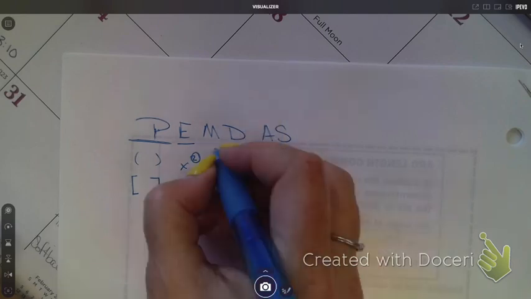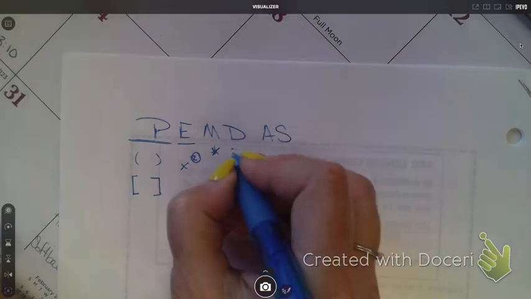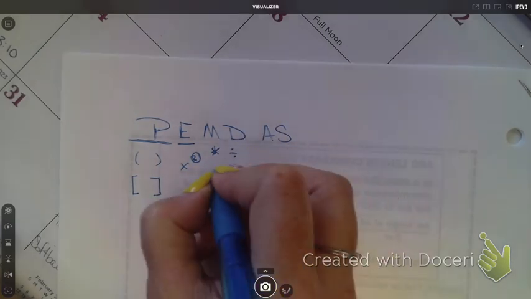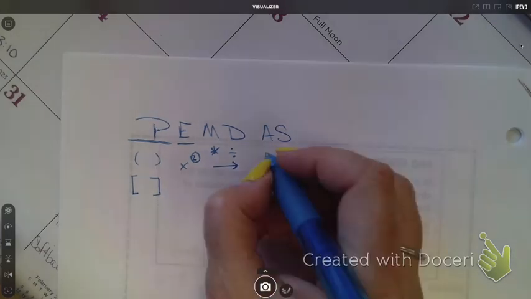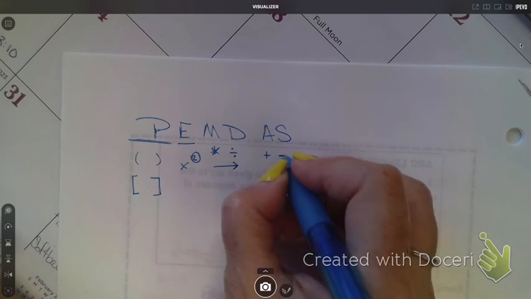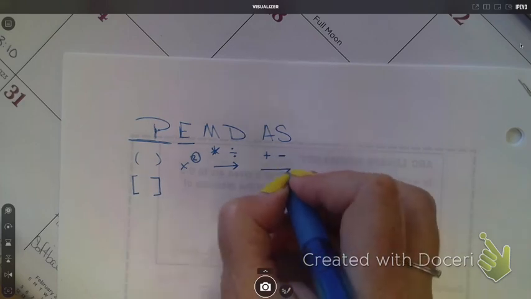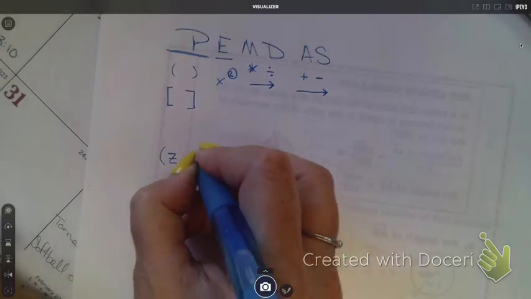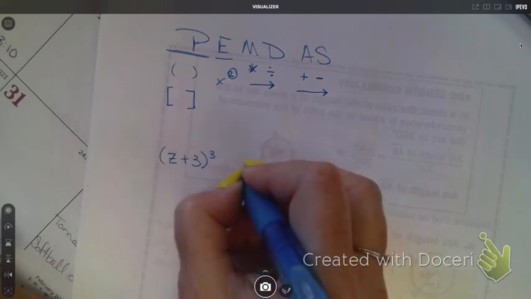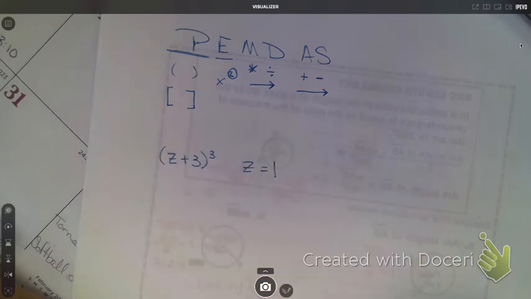Multiplication and division, and we do it from left to right, correct? Yep. And addition, subtraction from what? Left to right.